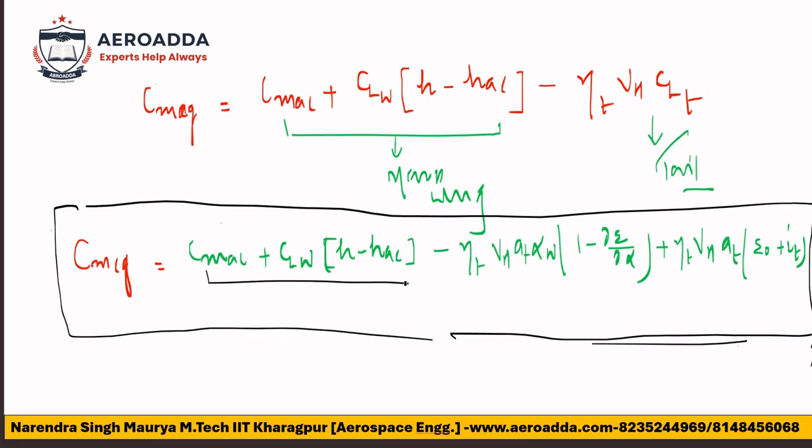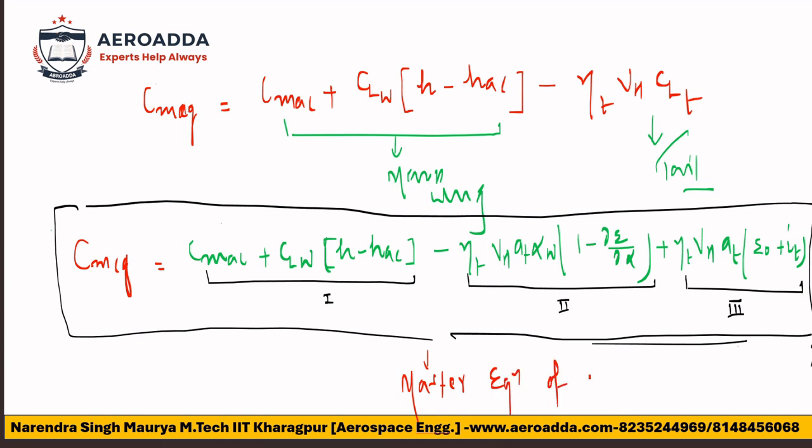See, three components we have. So that's the reason I always used to tell this is the master equation of LSS, longitudinal static stability. This is for the complete aircraft.